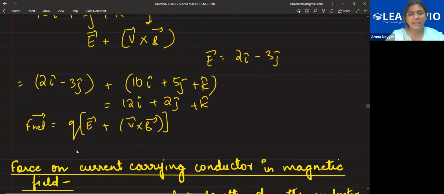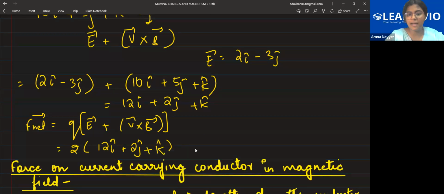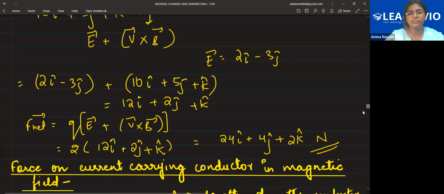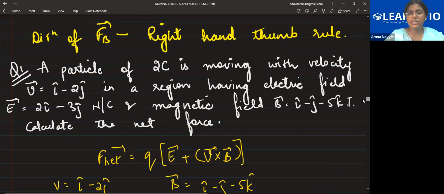So you will have 2 multiplied to this entire term, 12i cap plus 2j cap plus k cap. So this is equal to 24i cap plus 4j cap plus 2k cap Newton. This is how you have to solve it. Write down this.